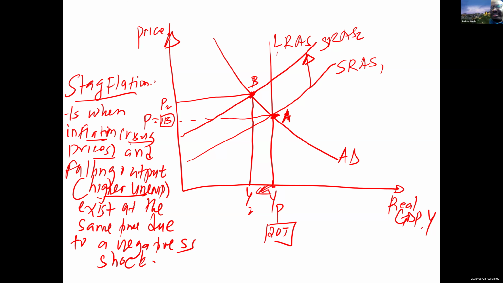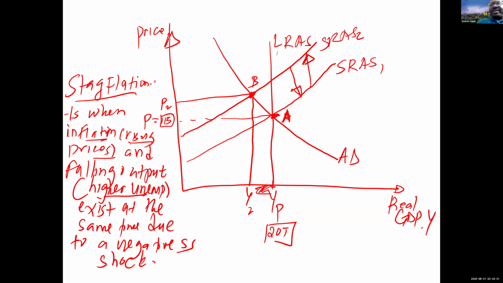In a recession, high unemployment is going to force workers to be paid lower wages. So wages are going to start falling. As wages fall, the cost of production goes down, and companies are going to start increasing production. Eventually, the short-run aggregate supply curve is going to shift back to the right, and we're going to come back to point A.